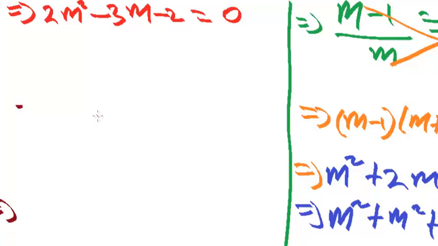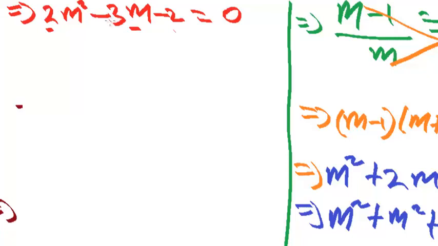So we have this as a quadratic equation. This is a quadratic equation, so we find a way to solve it. We multiply this number here by the constant, and that will be 4. Then we find factors of 4 that when we add we get this one, and when we multiply we get the product. So 2 times 2 is 4. So factors of 4 that we can get negative 3.